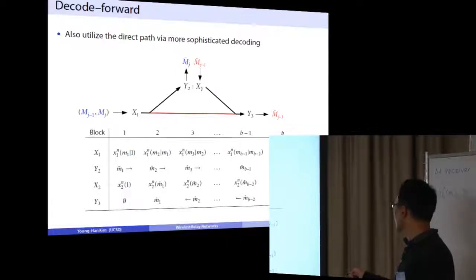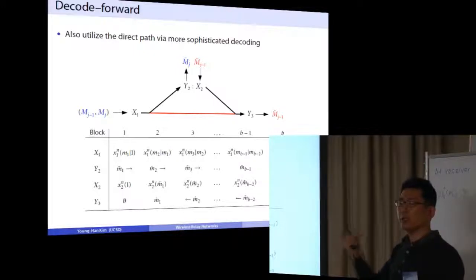And then go backwards. Now we look at the signals X1 and X2. We already know M_{B-1}. So again, the uncertainty is on M_{B-2}, which is transmitted cooperatively by X1 and X2. So we recover M_{B-2}. We just keep going backwards.